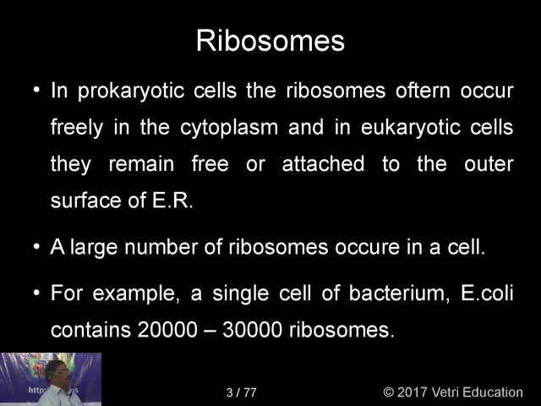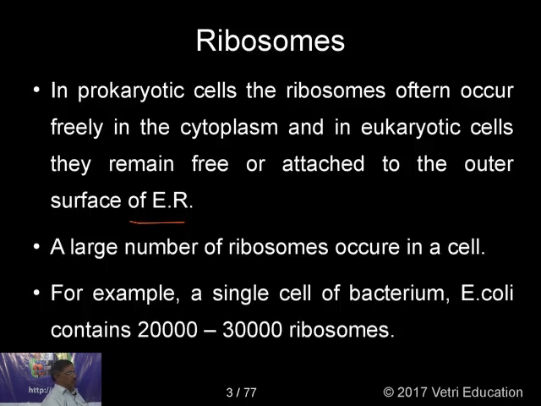In prokaryotic cells, the ribosomes often occur freely in the cytoplasm, whereas in eukaryotic cells, they remain free or attached to the outer surface of the endoplasmic reticulum. Since they are attached to the endoplasmic reticulum, it is called a rough endoplasmic reticulum.